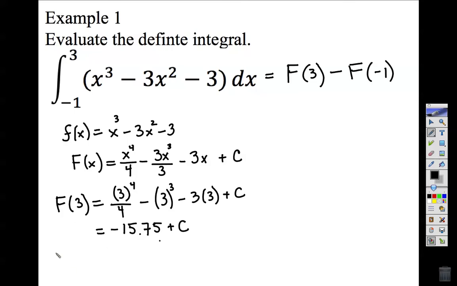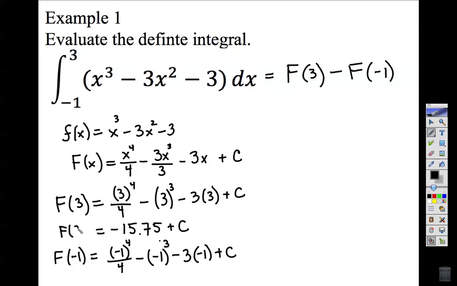Now we need to find F of negative 1. That is going to be negative 1 raised to the 4th power, divide that by 4, minus negative 1 cubed minus 3 times negative 1 plus constant. So that means that F of negative 1, after doing this in the calculator, we get that this equals, not negative 20, I'm jumping up ahead, I apologize.